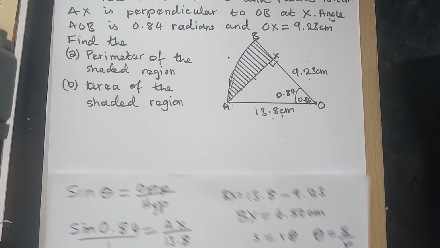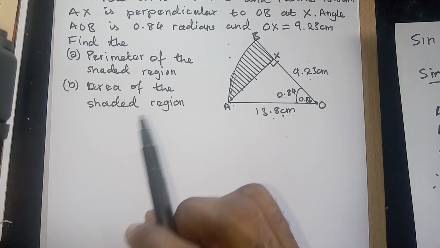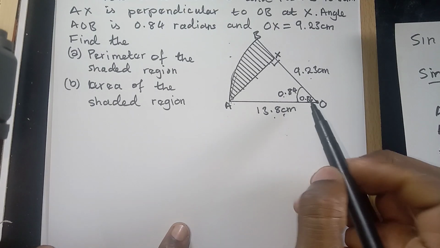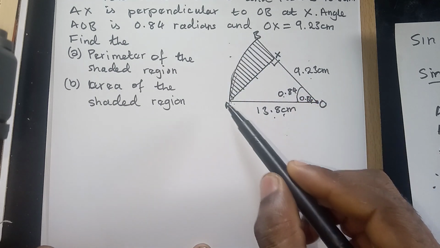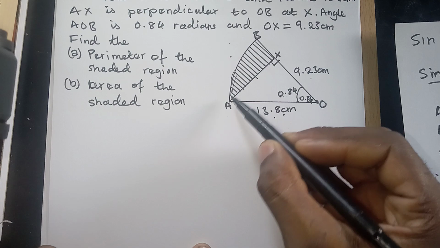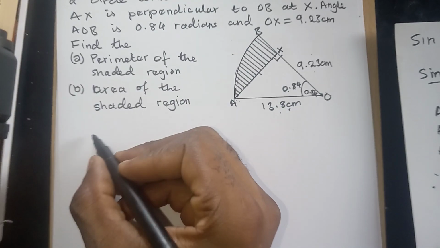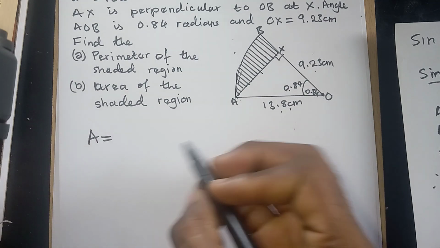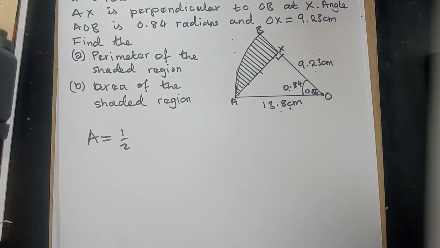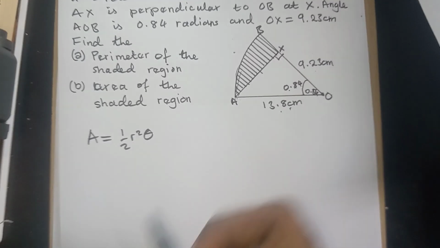Then on part B, we have the area of the shaded region. To find the area of the shaded region, we can start by finding the area of the entire sector and subtract the area of the triangle. To find the area of the sector, the formula is simply half r squared theta.